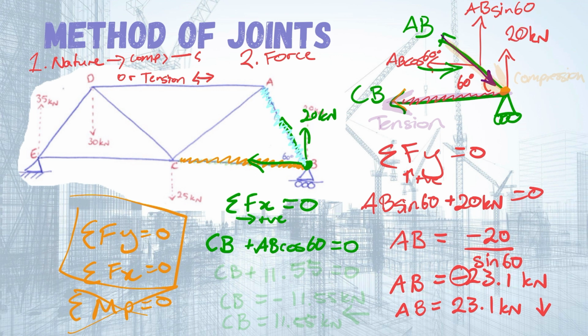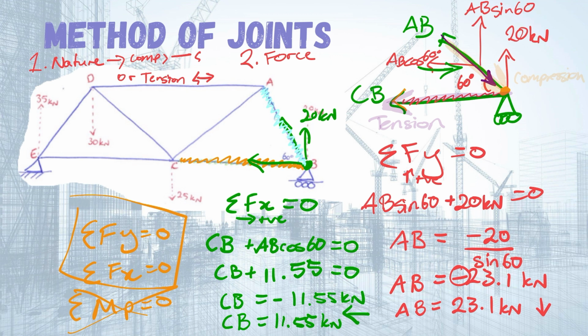So AB cos 60 gives us a result of 11.55 kilonewtons. So CB plus 11.55 kilonewtons must equal 0. Therefore, CB equals negative 11.55 kilonewtons, which means it's going to act in the opposite direction. So CB equals 11.55 kilonewtons, acting that way.